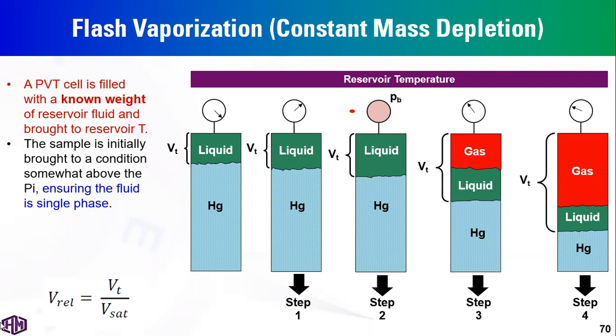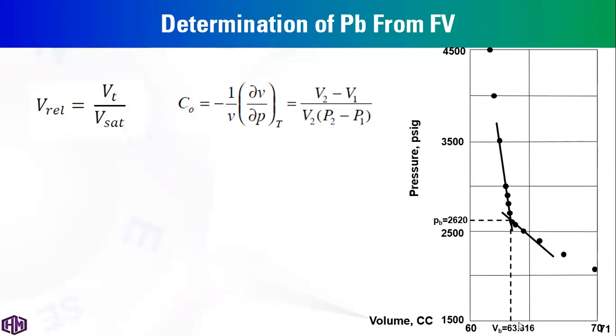One of the QCs for flash vaporization is to check the stability of pressure for every step in the flash experiment, and then using VT we can calculate relative volume. It's VT, total cell volume, relative to the volume at saturation pressure. Simply, we will plot the relative volume against the pressure.